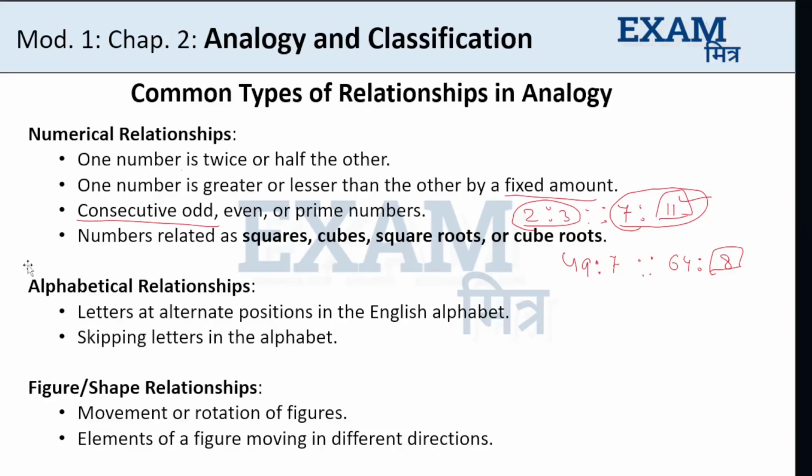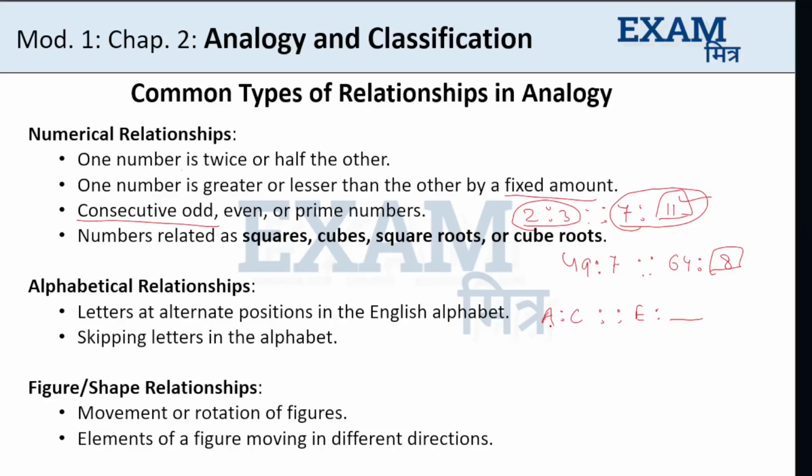Now, what is alphabetical relationship? So there may be relationships based on alphabets. Letters at alternate position in English alphabet. Okay, for example, A is related to C as E is related to dash.